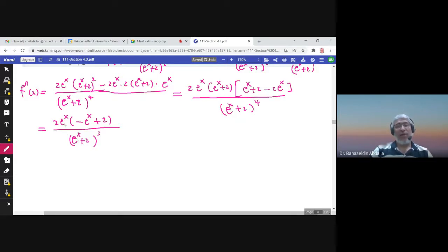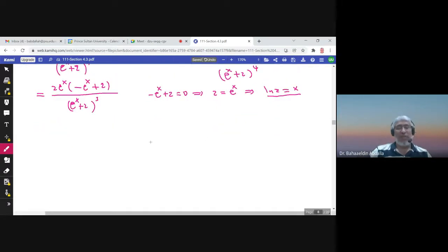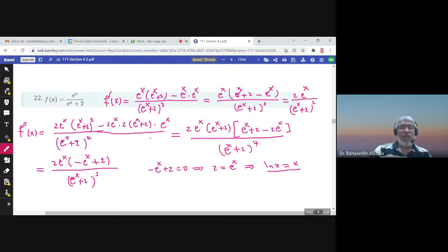The only 0 for f double prime would occur when negative e^x plus 2 is 0. For this, we have 2 equals e^x. Applying ln to both sides, ln 2 would be ln e^x, which is x. So x equals ln 2 is the 0 of f double prime.